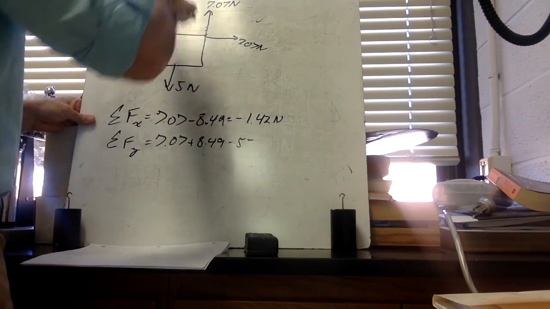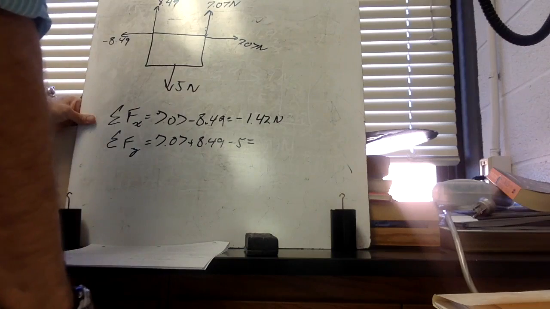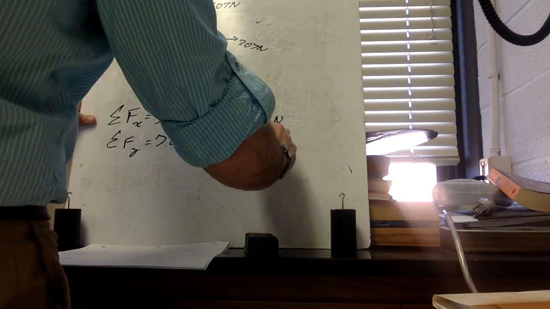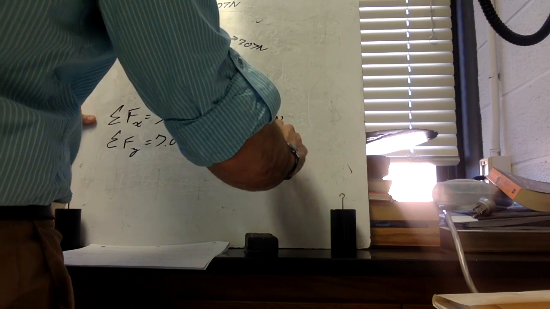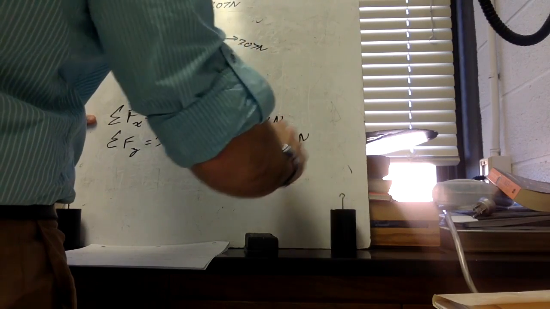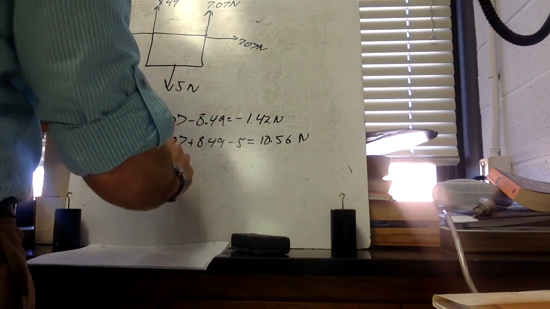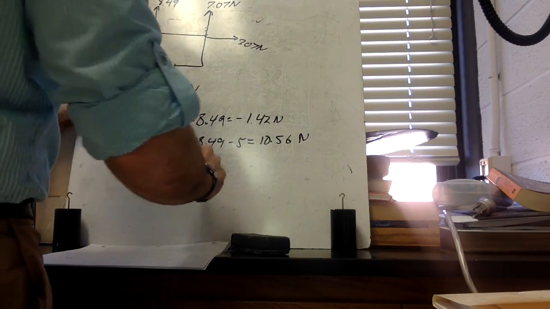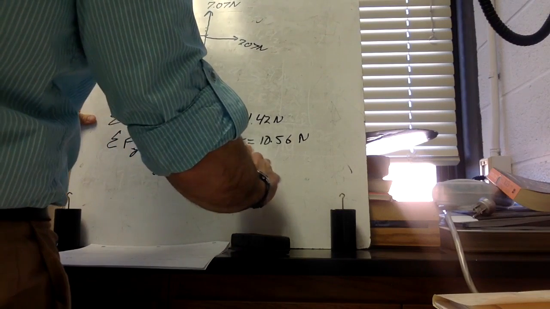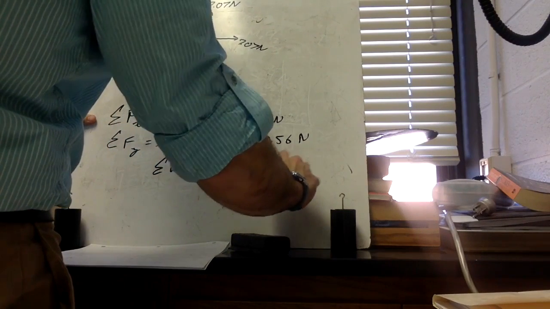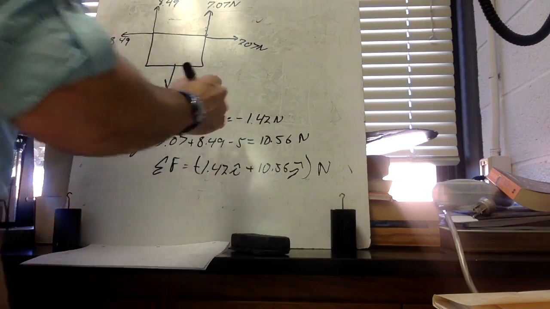Right here, 2 up, 1 down, and so that gives me 10.56 newtons. Okay, so then I can write sigma F, or F net, is negative 1.42 i plus 10.56 j newtons. And that's part A.